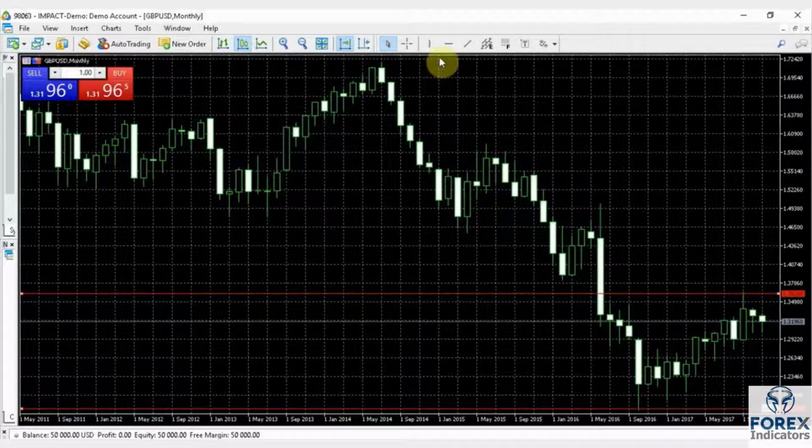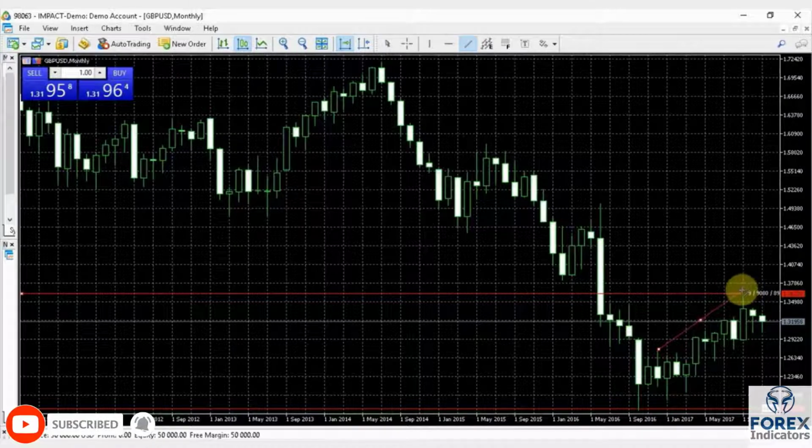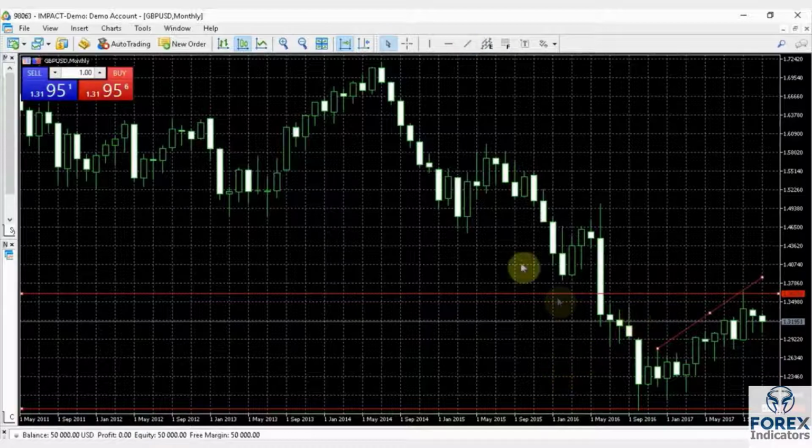So now what we're gonna do is draw the trend lines. Click here for trend line. So we're gonna use the topmost part here, the topmost part here. We'll extend it slightly further. There you go.